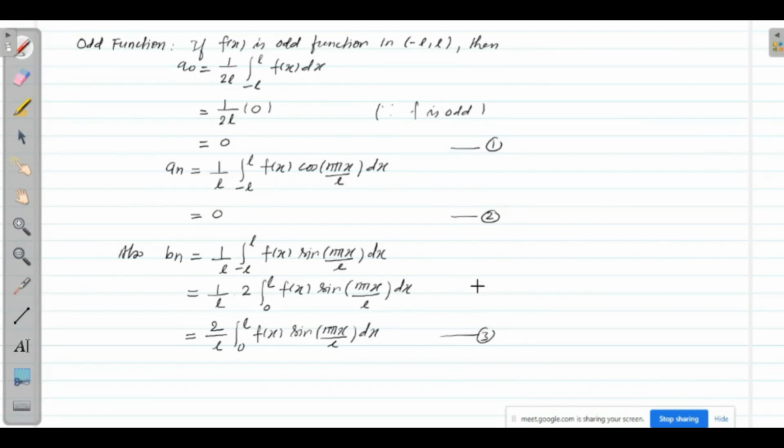Why is this so? Because f is an odd function, and odd multiplied by odd is an even function. That's why this function survives.